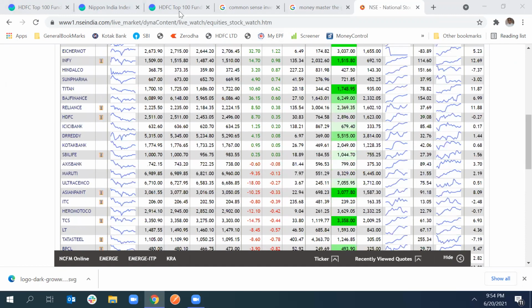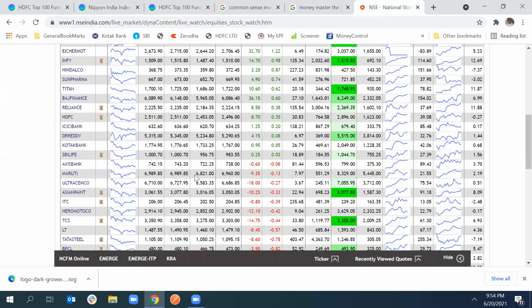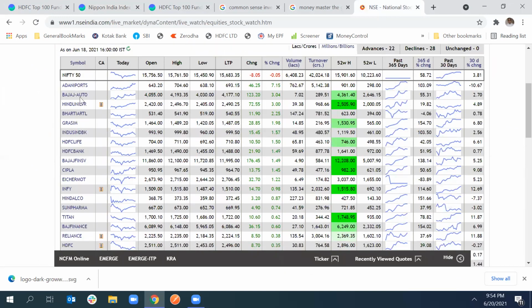What this particular fund is doing is, instead of the fund manager thinking and using his brain, doing a lot of research and analysis of the entire stock market and the entire list of securities traded, he will just go by the National Stock Exchange and the Nifty companies, the 50 largest companies of India. He doesn't do any research at all.